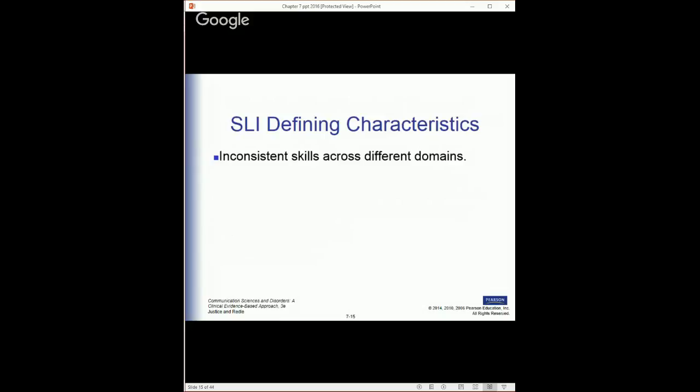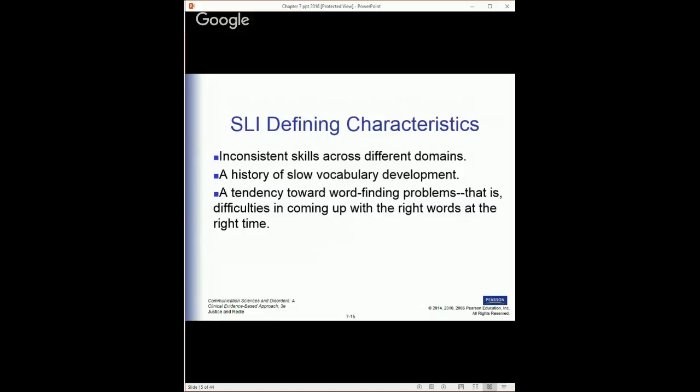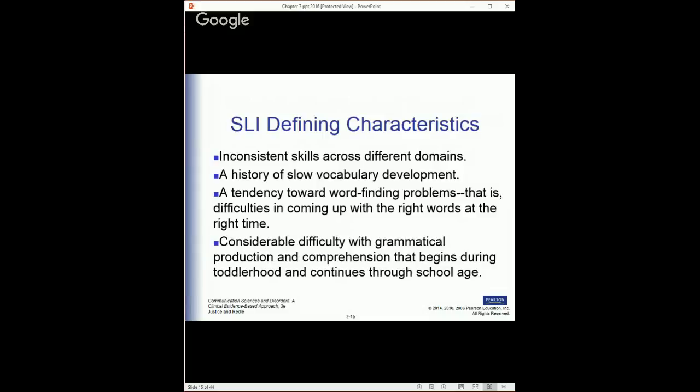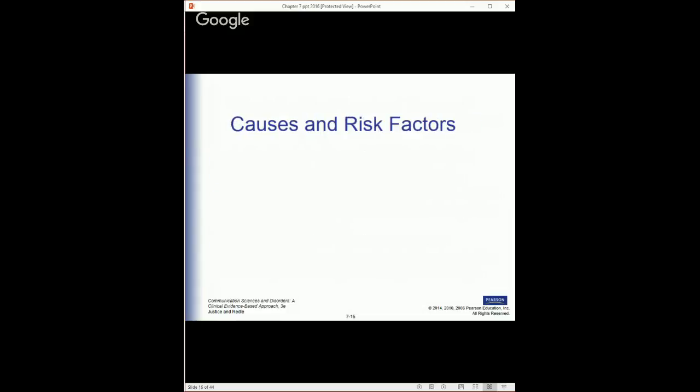Defining characteristics for SLI are inconsistent skills across different domains, history of slow vocabulary development, a tendency toward word finding problems, specifically difficulties in coming up with the right words at the right time, and considerable difficulty with grammatical production and comprehension that begins during toddlerhood and continues through school age.